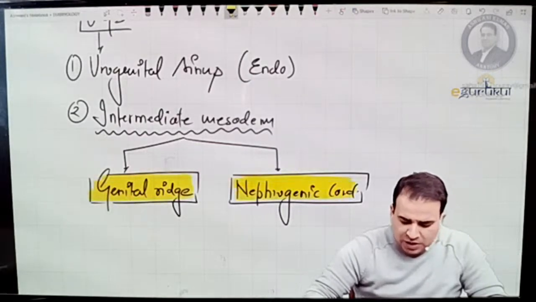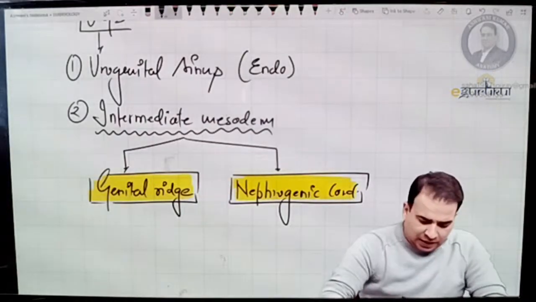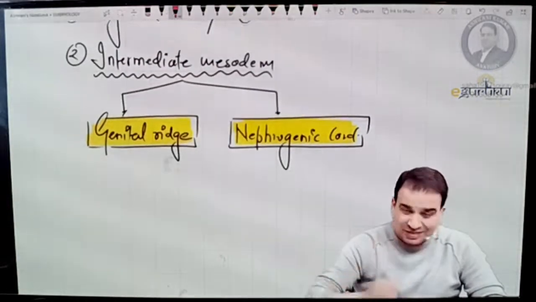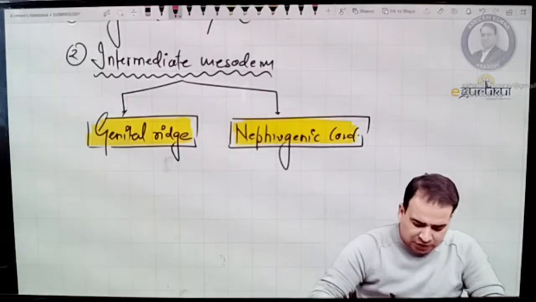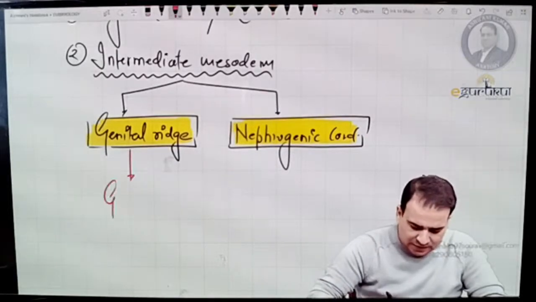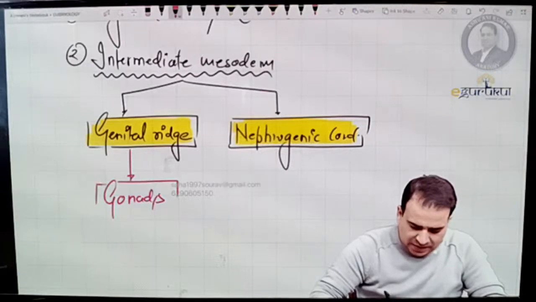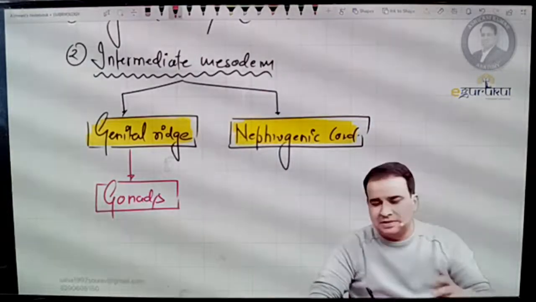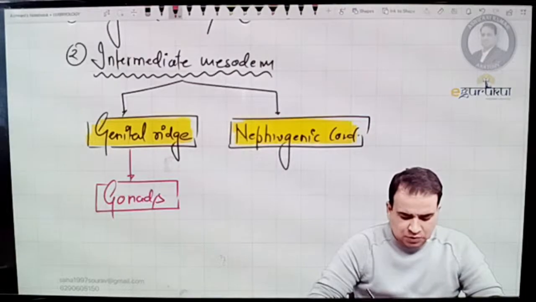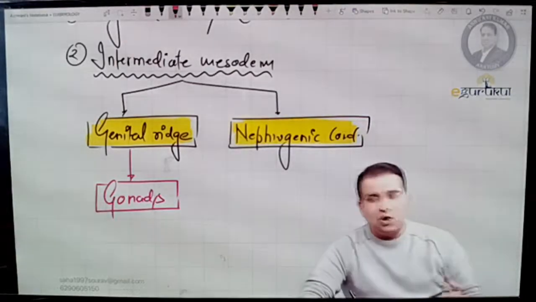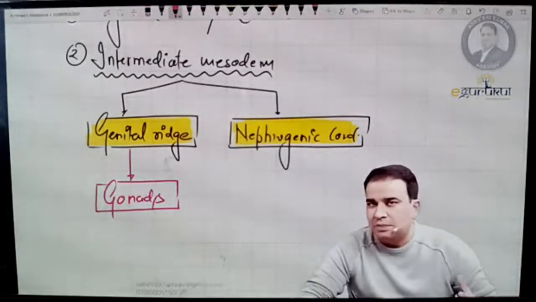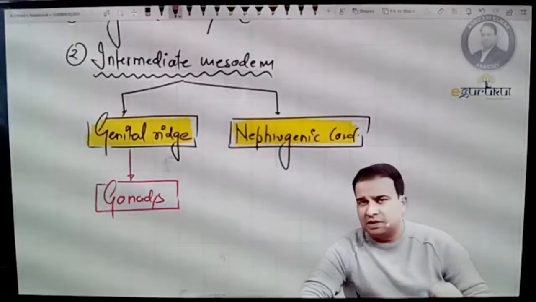Well, what will the genital ridge give rise to? If you remember, we used this term in the general embryo also. The genital ridge gives rise to the gonads. Testis and ovary will be derived from this genital ridge, or gonads, that is intermediate mesoderm. Whereas the nephrogenic cord, as the name suggests, is the part from where the kidney and other things will develop.